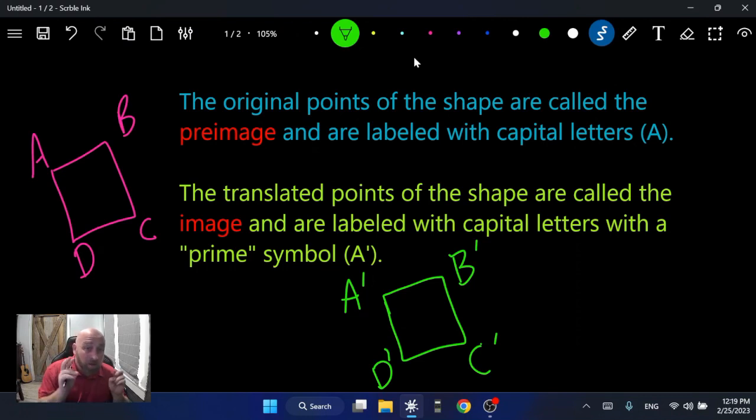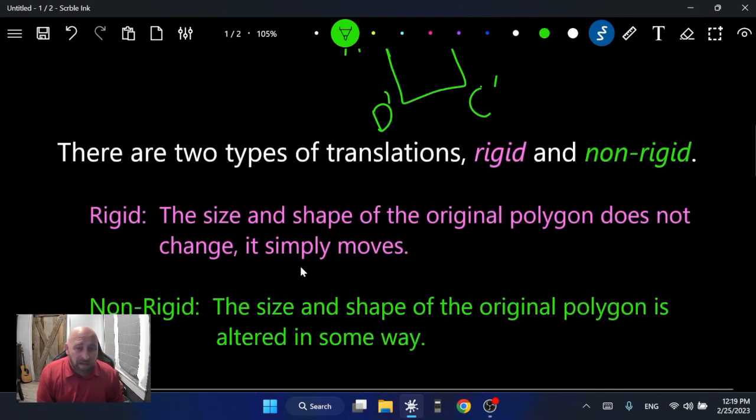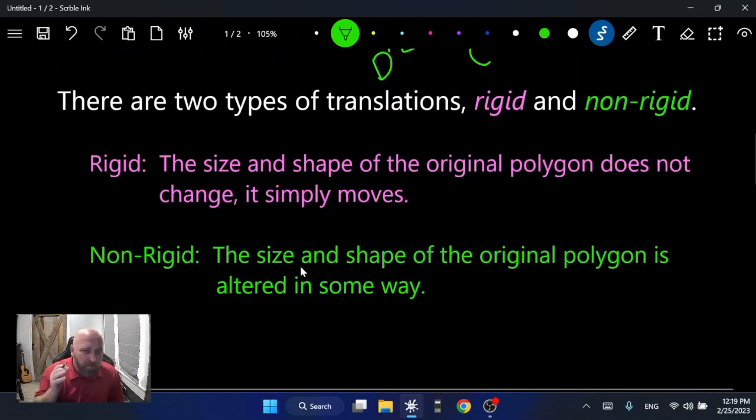So we need to notate that we moved them, and by doing that, we're going to say A prime. So when you see a prime, that's the secondary shape. That's the image. The pre-image is the first shape that you were given. The image is the second shape that you moved. And we designate that with prime. All right, hopefully that makes sense to you. Let's go ahead and move on. I think when we come back to that in a little bit, it'll make more sense.